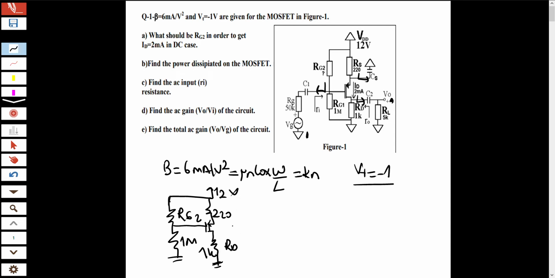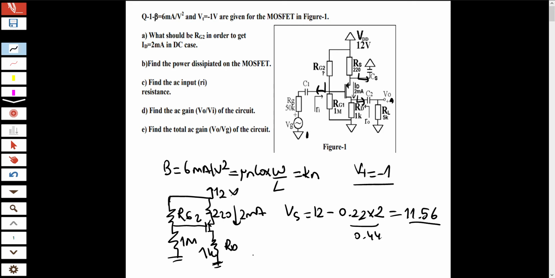So in this question, if ID is 2 milliampere, I can find V source. V source is 12 minus 0.22k times 2 milliampere, which is 0.44, so V source equals 11.56.